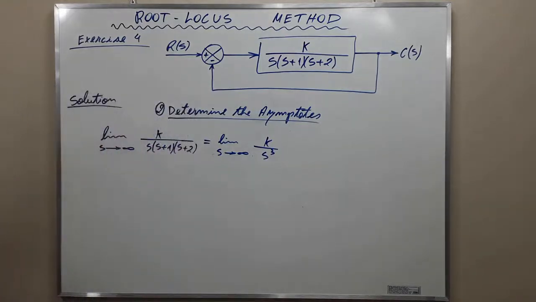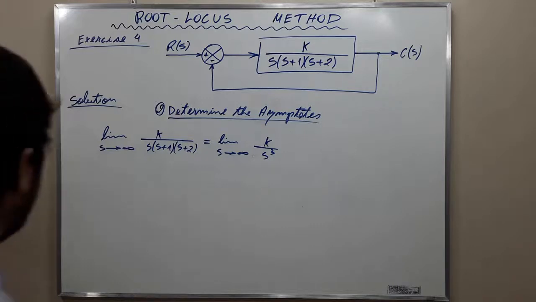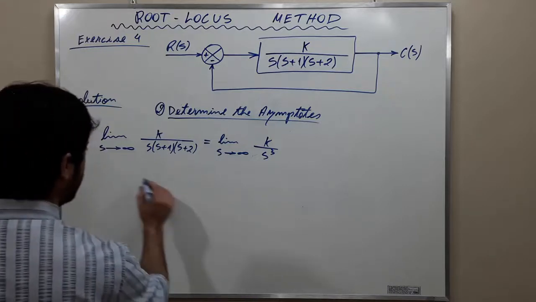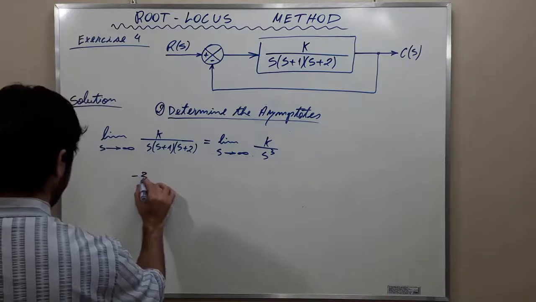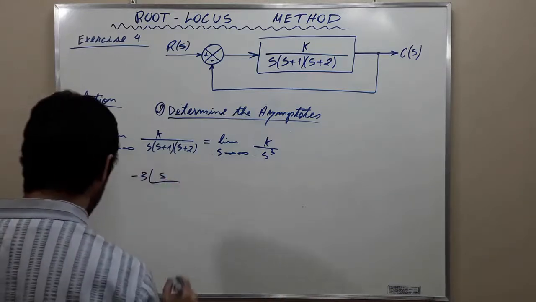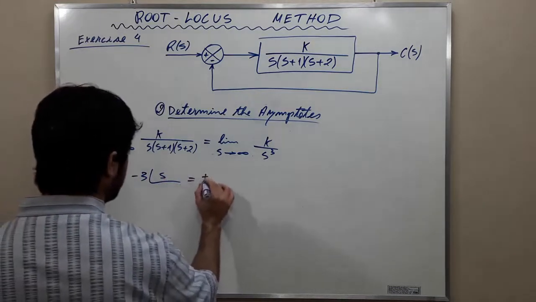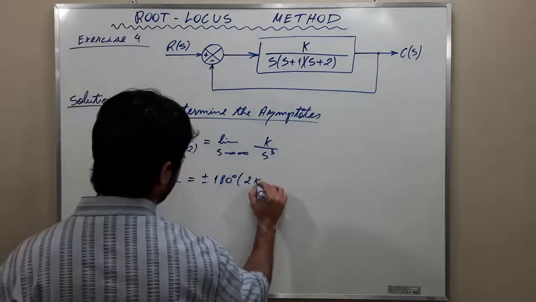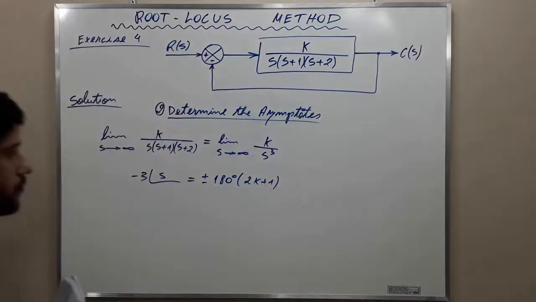If we select a point very far from the origin, this approximation can be done. And the angle condition becomes, see that we need to work with the angle condition all the time, that -3 times the angle of s will be equal to plus or minus 180 degrees times (2k plus 1).